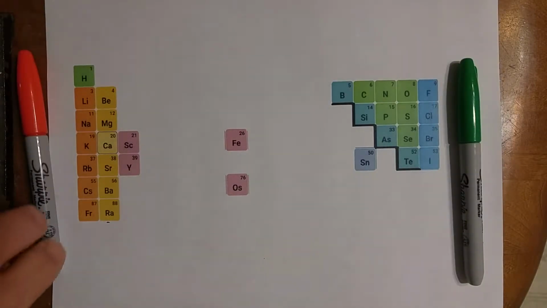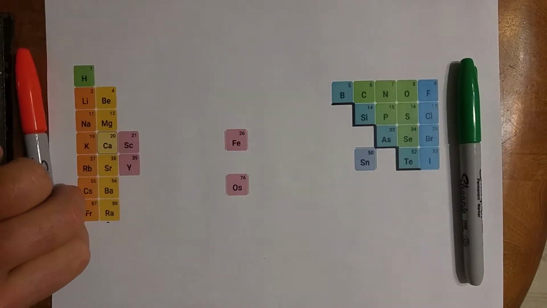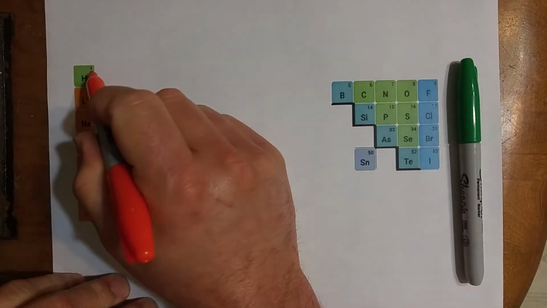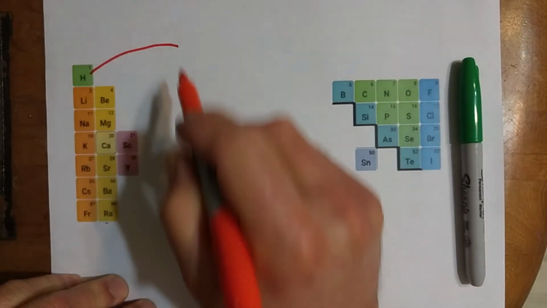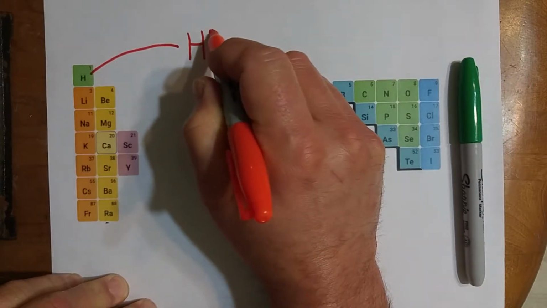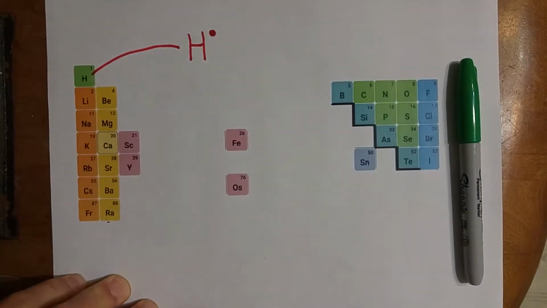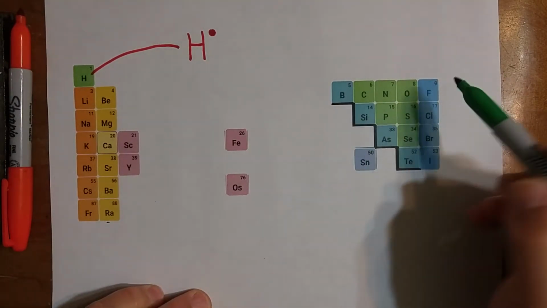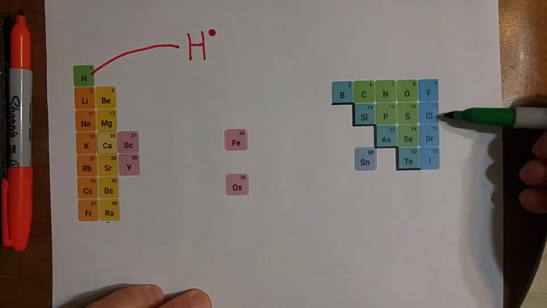Okay, here's where color coding comes in. I'm going to make a very common chemical, the one that's in your stomach, hydrochloric acid. So we take hydrogen and we draw its Lewis dot, 1 dot. Then we'll do chlorine, which has, over here, 7 dots.